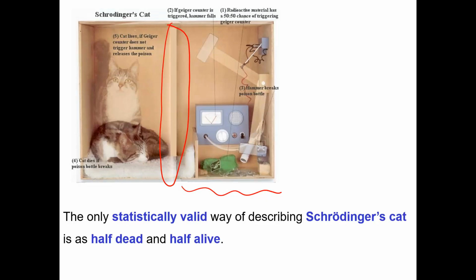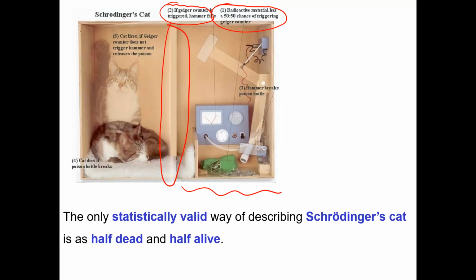You have a Geiger counter that, if triggered, causes a hammer to fall, and that hammer breaks a vial that contains a toxic gas, and that gas will kill the cat. To trigger the Geiger counter, you have a piece of radioactive material in there, which produces a radioactive particle randomly, but on average every 1 hour.